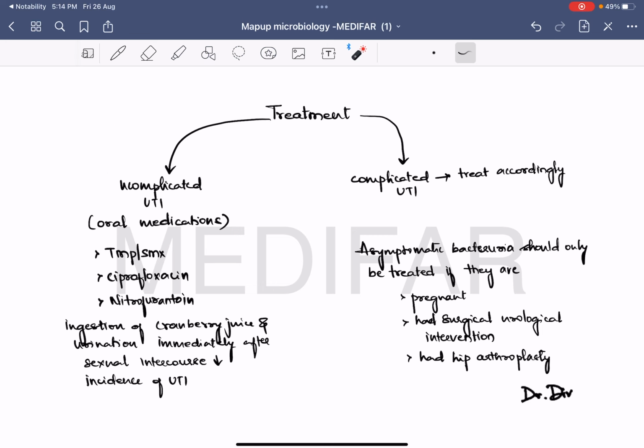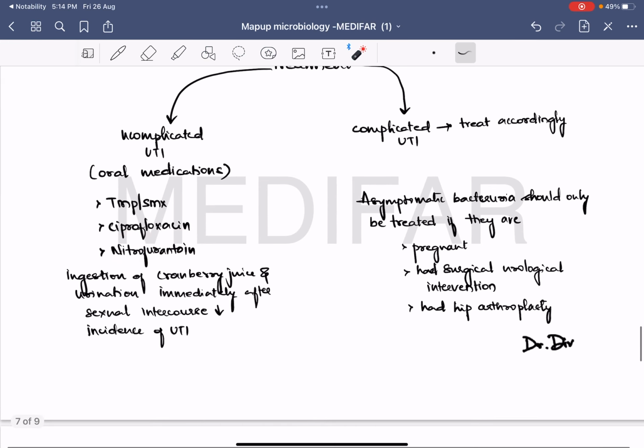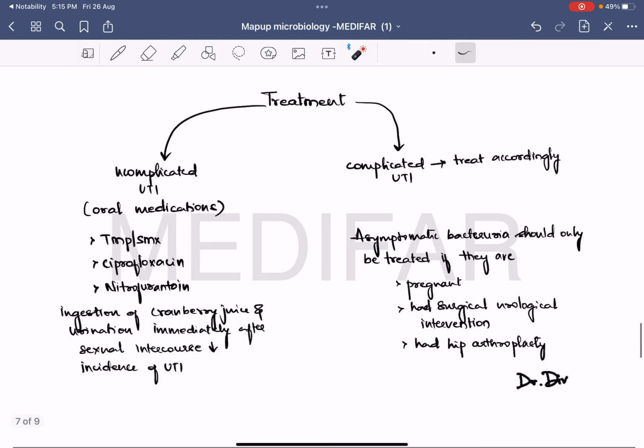So there should be no pyelonephritis. In uncomplicated UTI, you should go with oral medications like trimethoprim-sulfamethoxazole, ciprofloxacin, or nitrofurantoin. And remember, ingestion of cranberry juice and urination immediately after sexual intercourse decreases the incidence of UTI. Then, for the treatment of complicated UTI, you treat accordingly.